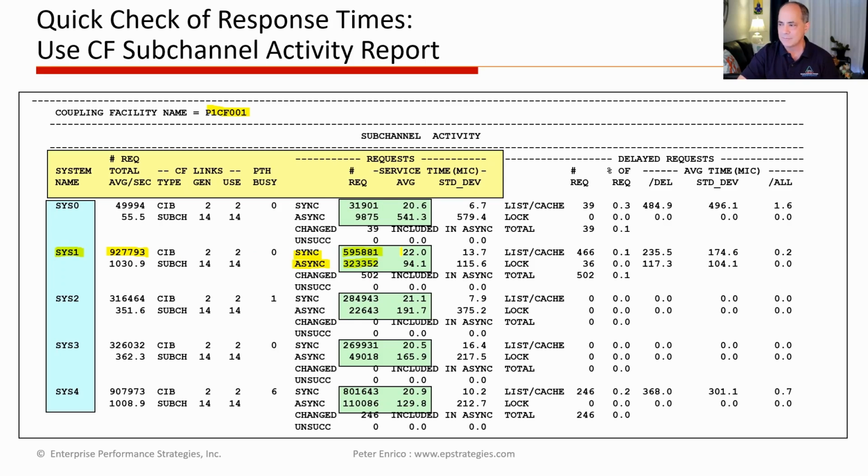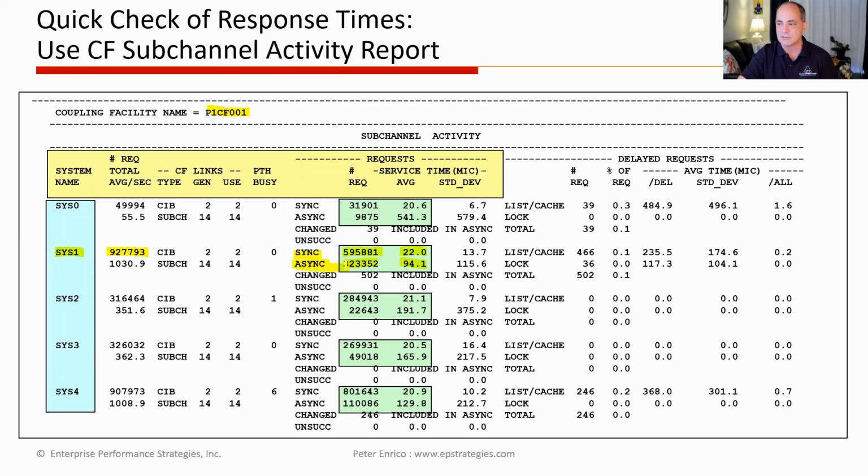The next thing we have is the response time of these requests. Here's an example where on system 1, I'm making 595,000 synchronous requests, and they're getting an average of 22 microsecond response time, which is slightly above our guideline. Again, typically you're going to see these down in the 5 microsecond range.